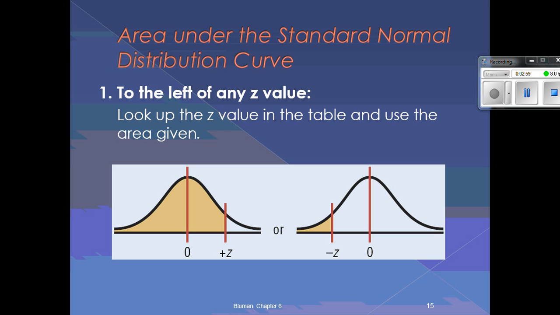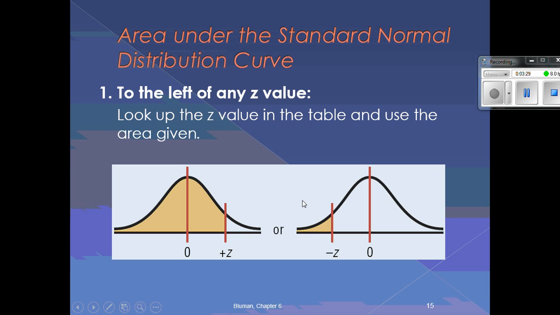So once you have that z-score, think of it this way. Here's your mean. Now we're looking at a normal distribution graph, where, remember, they have the mean of 0 and a standard deviation of 1. Any positive z-score is to the right of the mean over here, and any negative z-score is to the left over here.